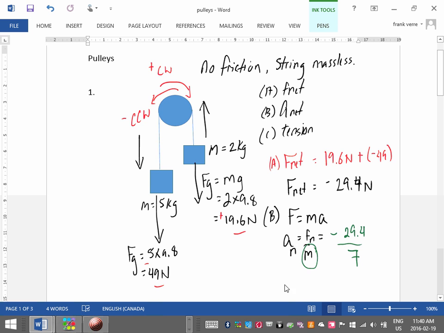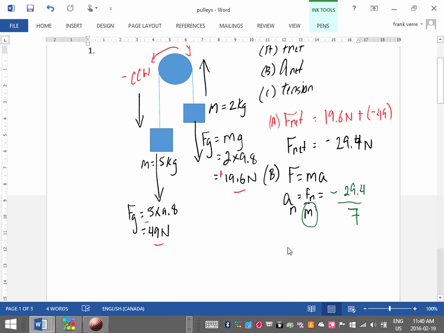So the net acceleration is a function of the net force: 29.4 over 7. That's about 4.3, or 4.2 meters per second squared.